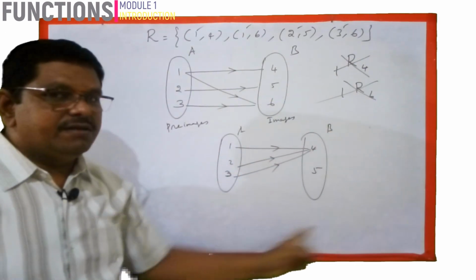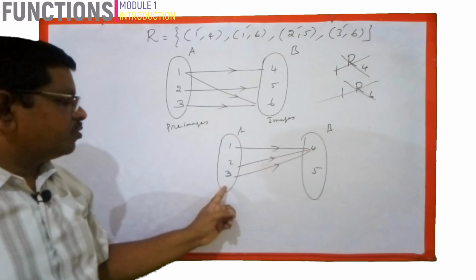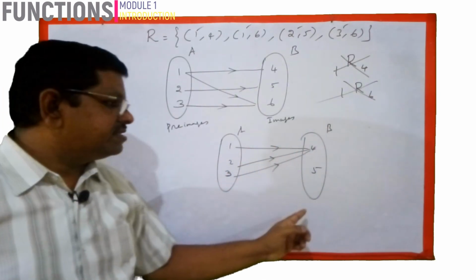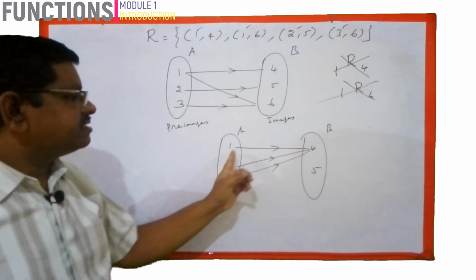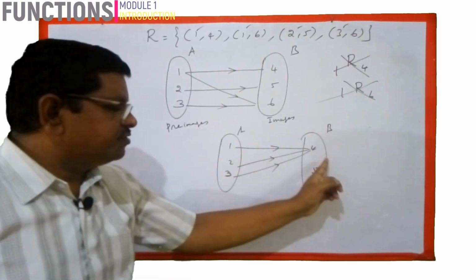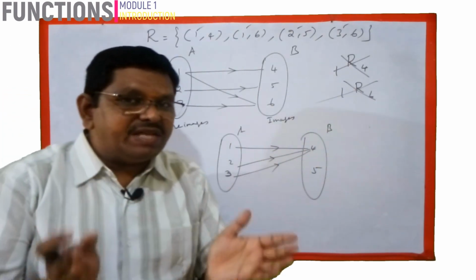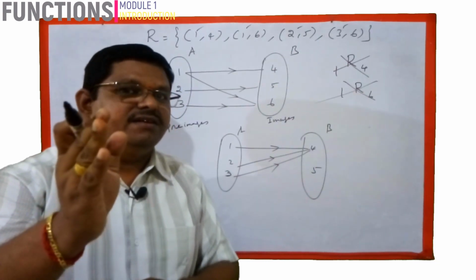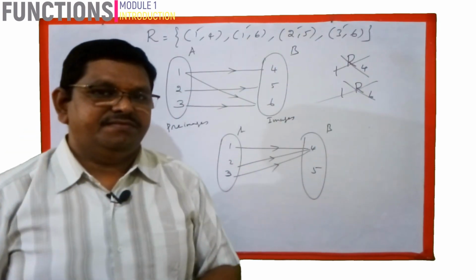Look at this figure. Here set A has elements 1, 2, 3. Set B has elements 4 and 5. 1 has image 4. 2 has image 4. 3 is also having image 4. So many pre-images are having only one image. Yes, that is acceptable.